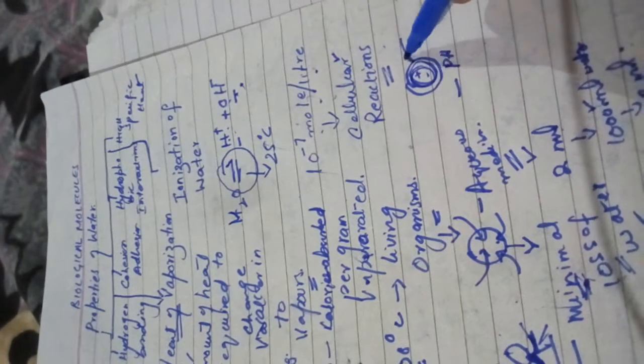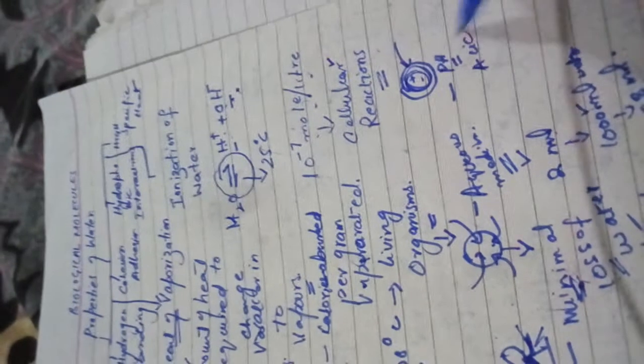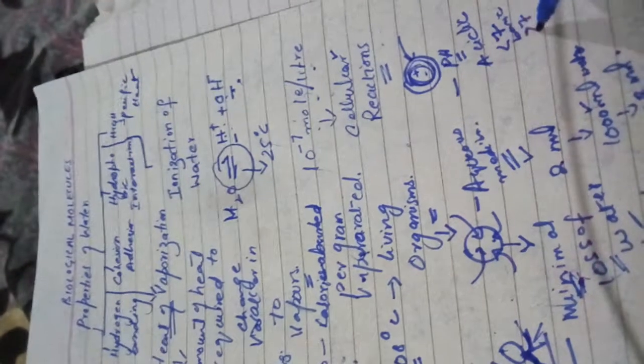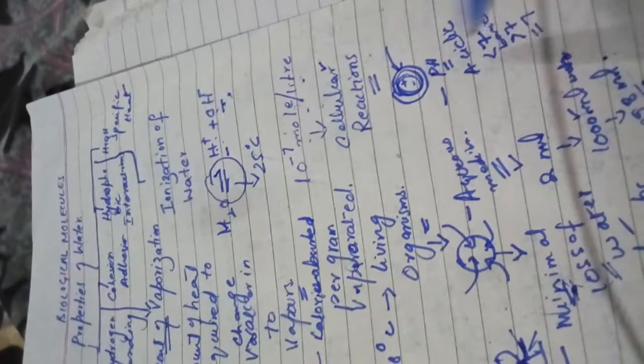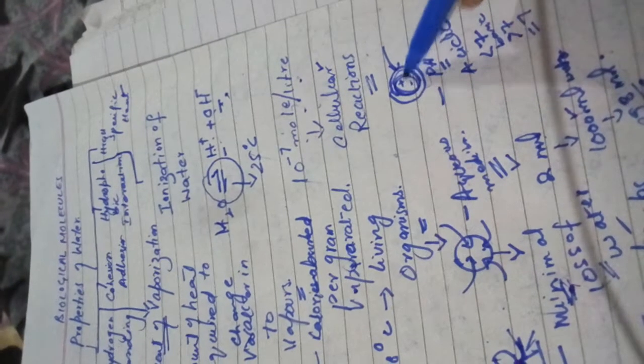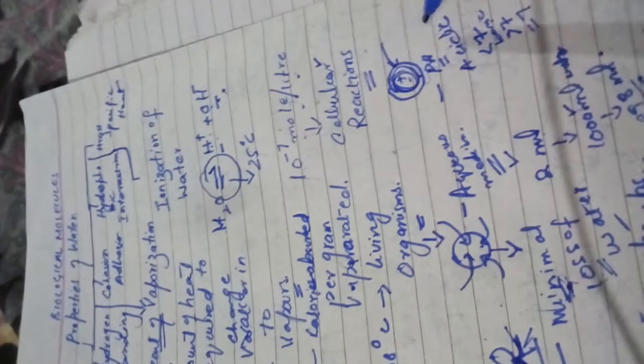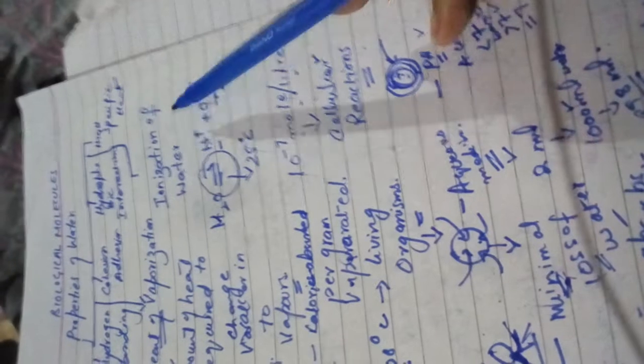Ionization maintains the pH. pH, we know that acidic is below 7, basic is above 7, and neutral is equal to 7. Some reactions take place at neutral pH, some reactions take place at acidic pH, and some enzymes work at basic pH.